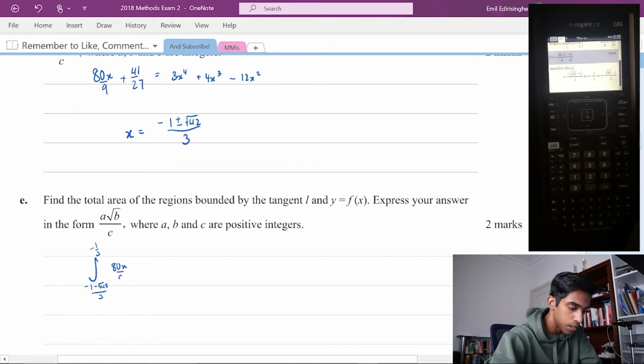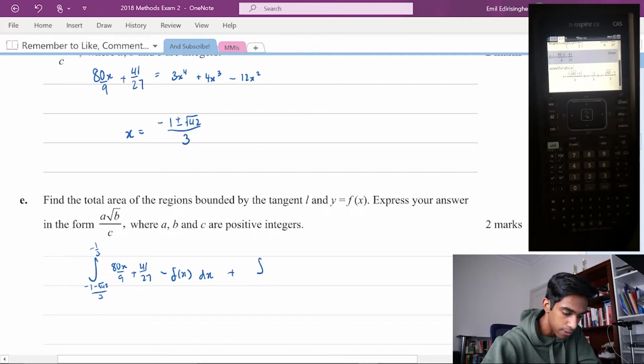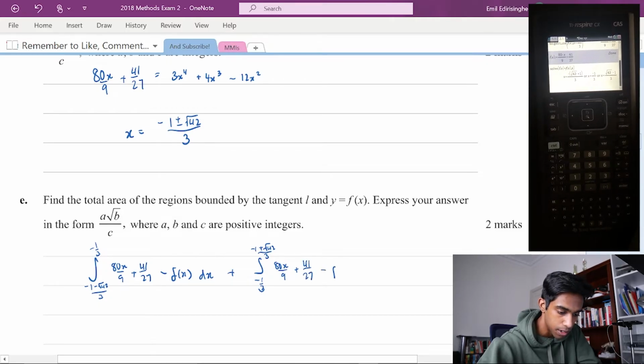80x on 9 plus 41 on 27 minus f of x dx plus, now we've got -1/3 to -1 plus root 42 on 3, on 27 minus f of x dx.